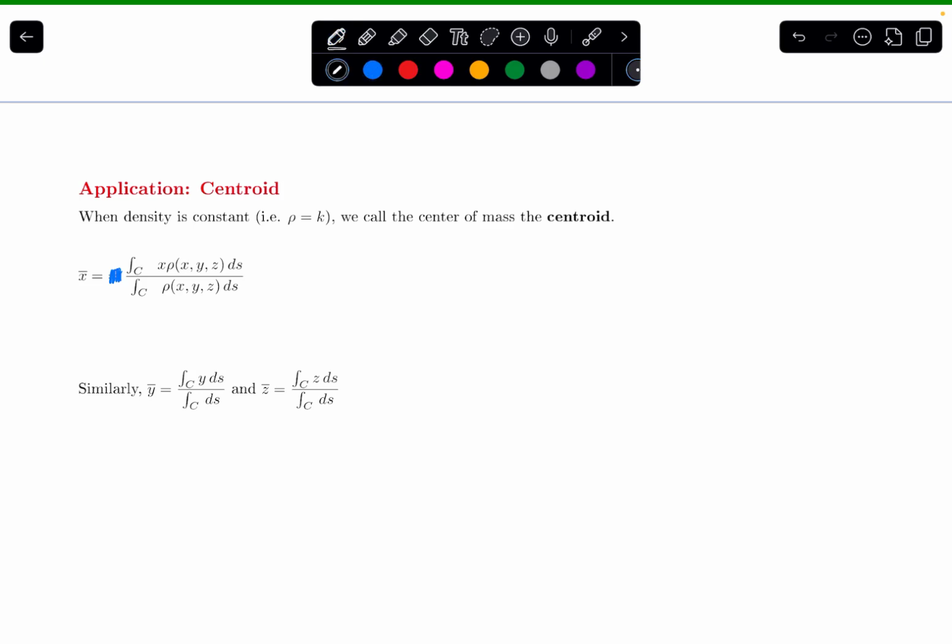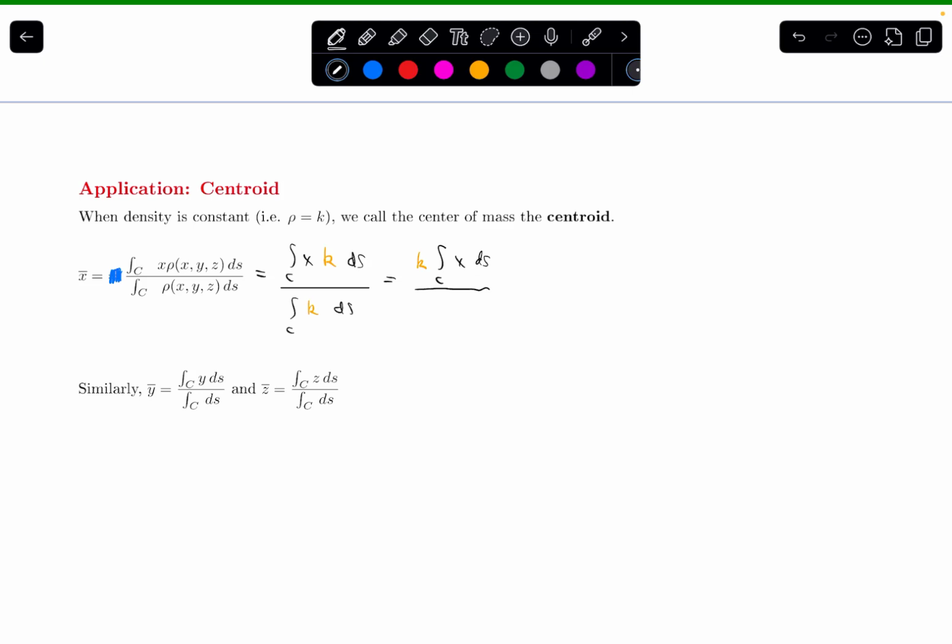And let's simplify this. So I get a line integral over my curve, x times my density function, which we are saying is just k, and then I've got the ds. And then on the bottom, I just have the line integral over my curve of the density function, which is just k, ds. The k's are constant, so I can pull them out in front. So I can pull the k in front of the top integral, integral of x ds.